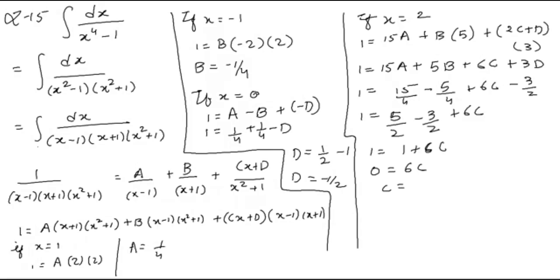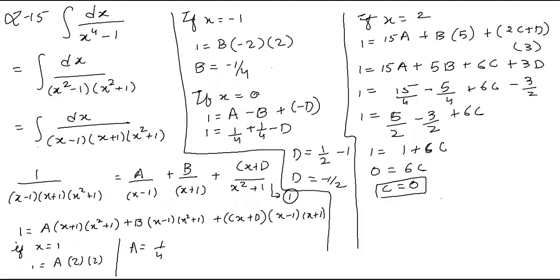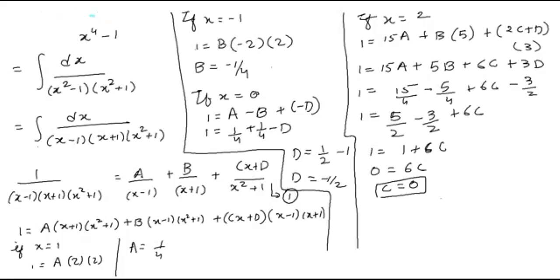Value of c is 0. Right. I got all the values of a, b, c, d. I will keep that in equation 1. So now let's keep the value of a, b, c, d in equation 1.